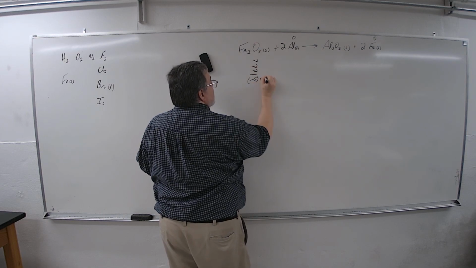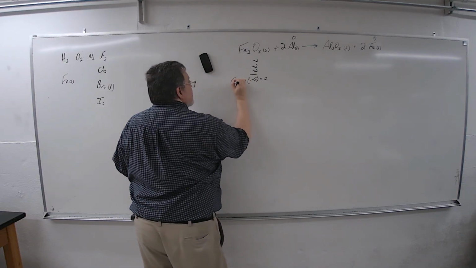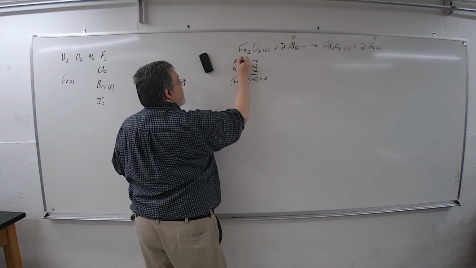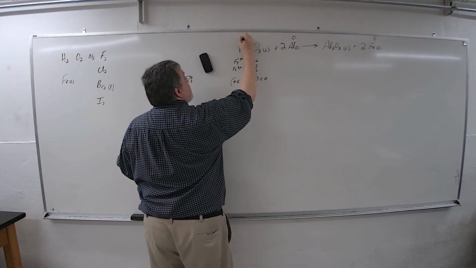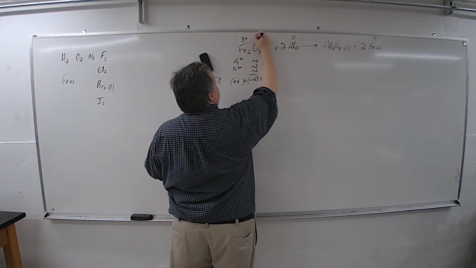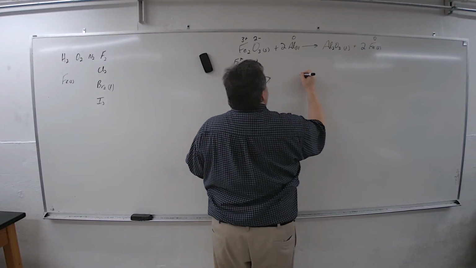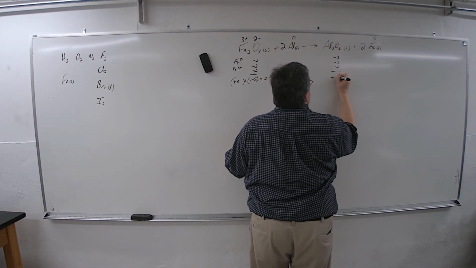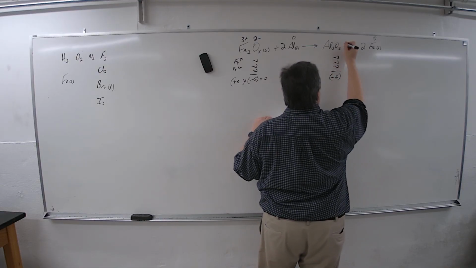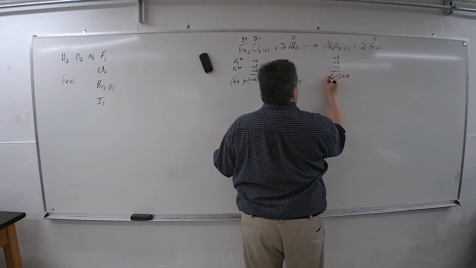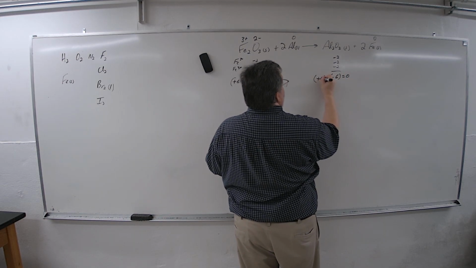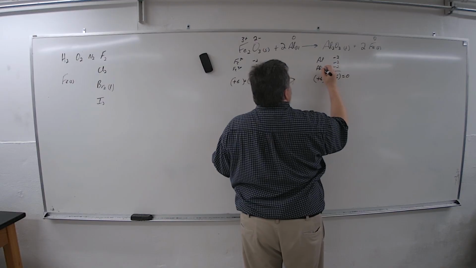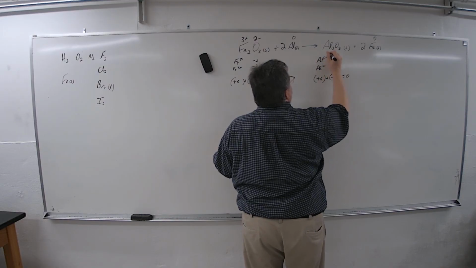No charge, so I'm going to say 0. That means this has to be +6. We've got 2 Fe's. We're going to split the +6 among them, so these are 3 plus. So this is 3 plus, and this is 2 minus. That one's 0, that one's 0. -2, -2, -2, -6. No charge, so I'll put 0. Got to be +6. And there's 2 aluminums, but you probably already know this would be 3 plus.